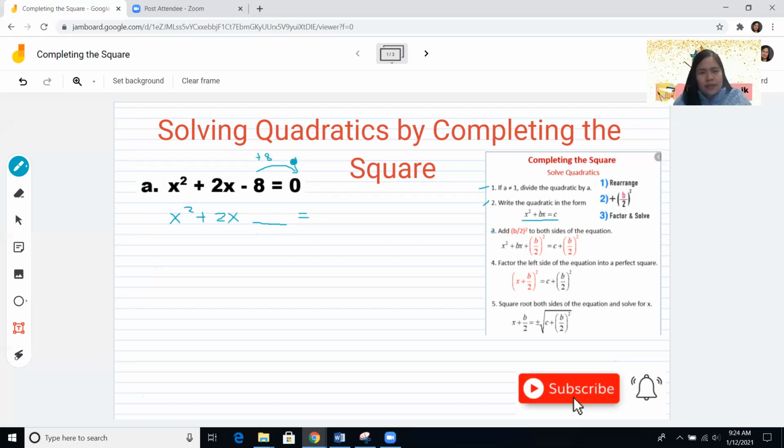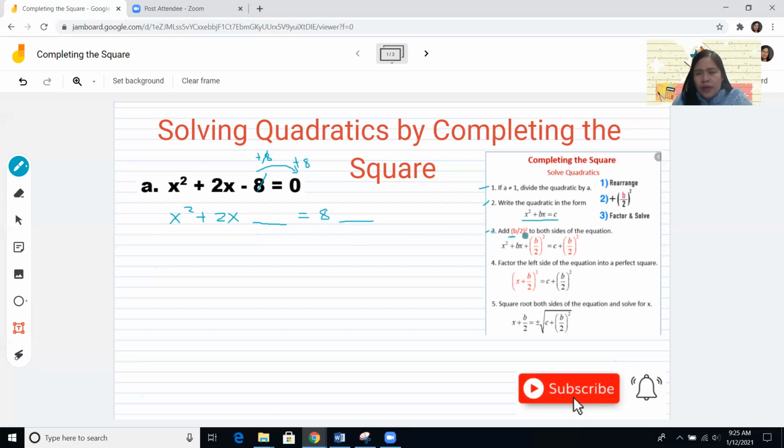From negative 8, it becomes a positive 8. And as I mentioned a while ago, whatever you do on the left side of the equation to keep it balanced, you will also do on the right side, to make both sides equal and balanced. So I put a blank here, and I will also put another blank on the other side. Then we'll proceed to step 3.